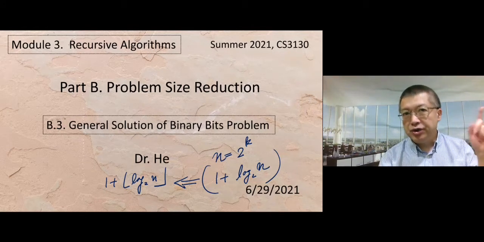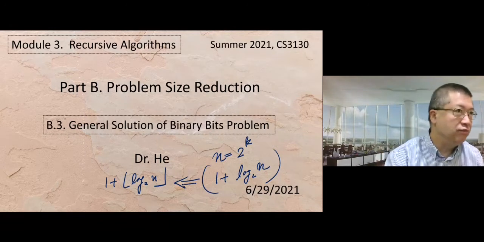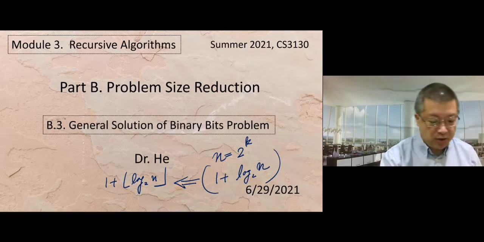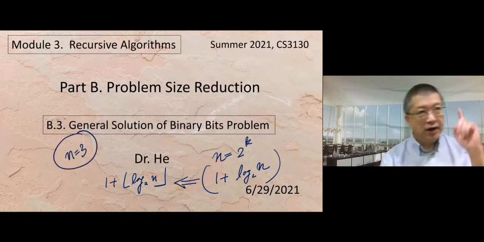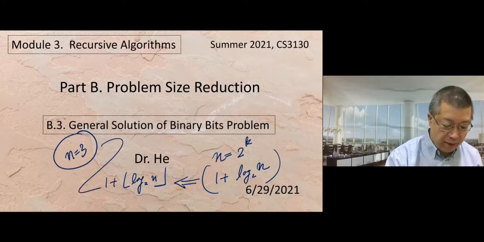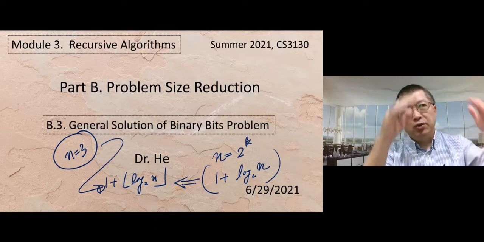I also explain why we use the floor function, not the ceiling function. We check one special value, when n equals 3, it tells us we should use the floor function, not the ceiling function.